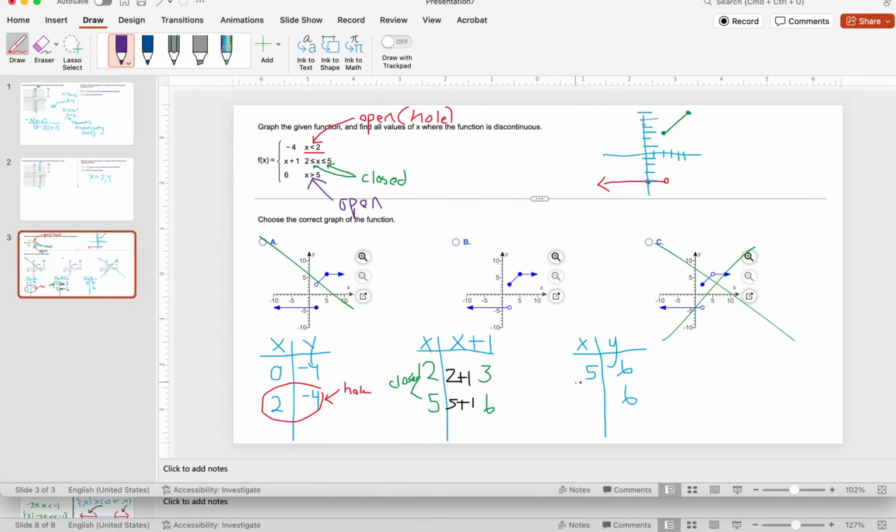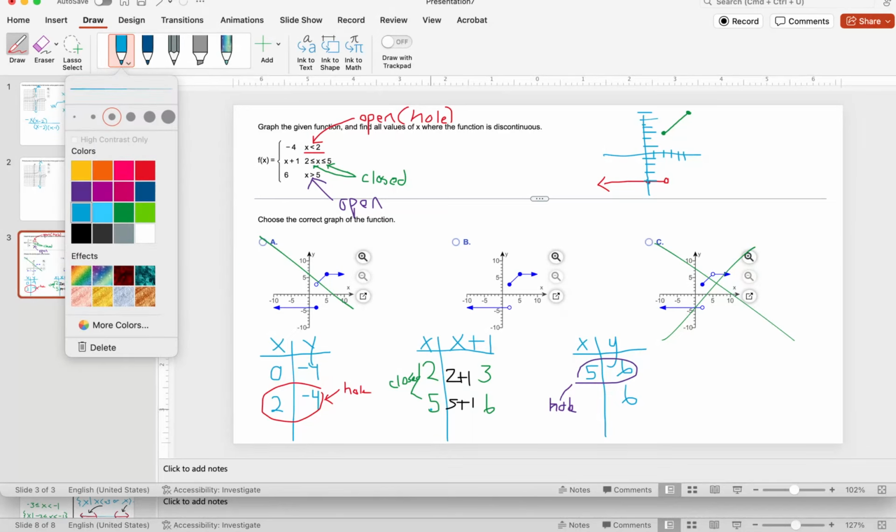So when x equals 5, this one is open. There's a hole in the graph then, right? Now the thing is, even though there's a hole, it got filled in over here. It was included on this 5, 6. This is where I'm saying if it's closed, that trumps if there's a hole. Like if one other piece of the thing has it closed, you have to go with that.